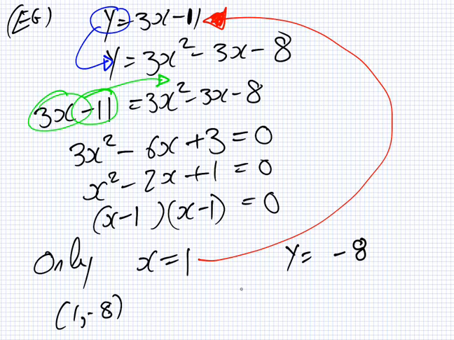And I'll get 3x minus 11 equals 3x squared minus 3x minus 8. And that goes in there for the y. So I'll get 3x squared minus 6x plus 3 equals 0, taking this and this to the right.